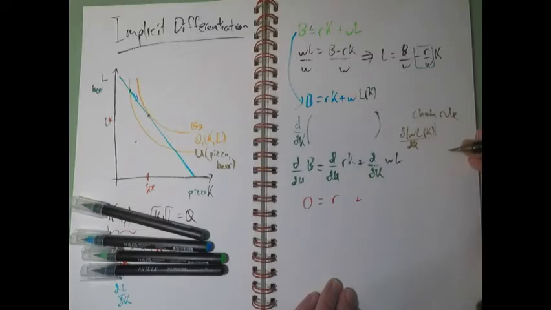So let's say L(K) was something like K squared. So in that case, if L equals K squared, how does this whole thing change as we change K?